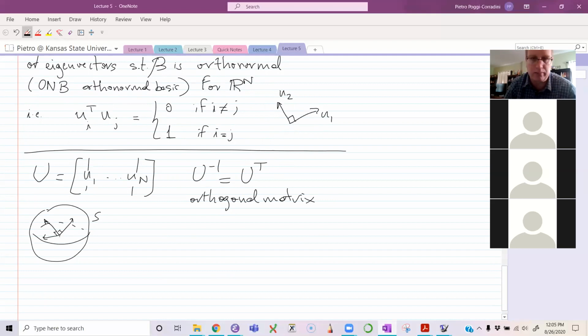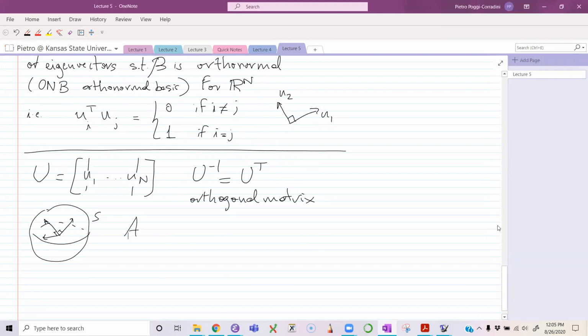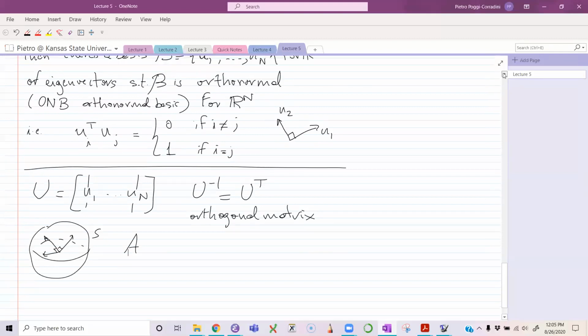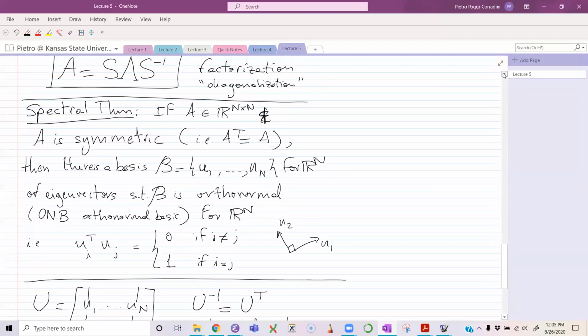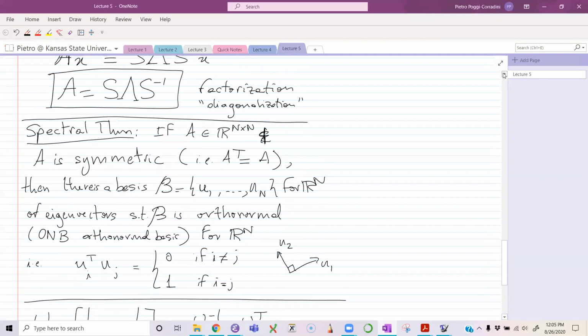Hard to picture it, but the same change of variable as before works, and you want to get it in the right order, so it's going to be U lambda U transpose.